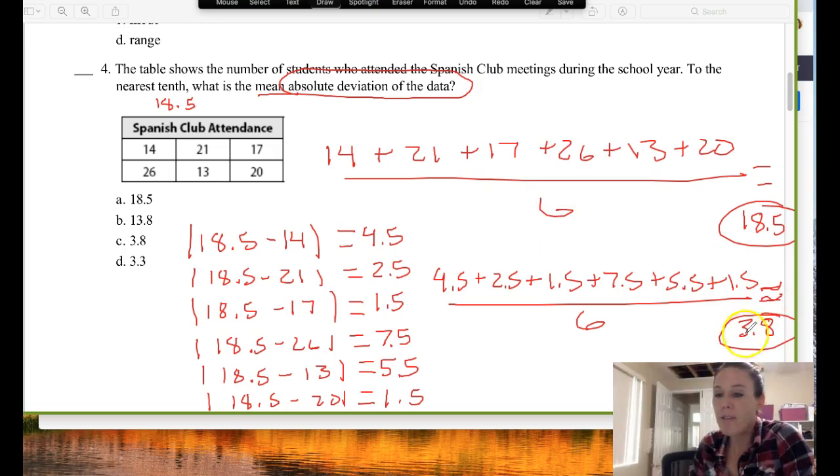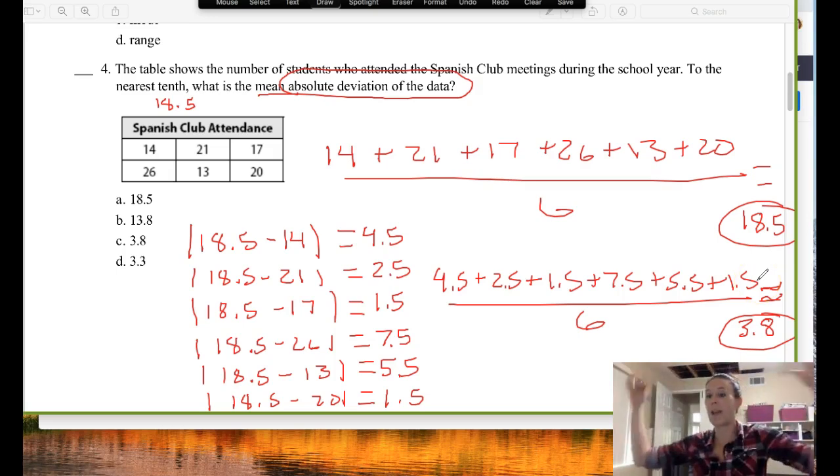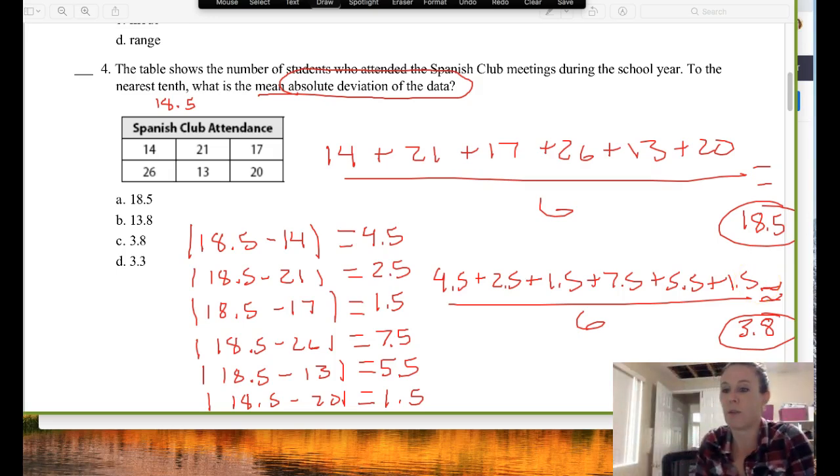So the average difference from the middle, which is 18.5, to each point is 3.8 of all of my differences. Now, if that number was huge, that would mean I would have a wider range of data. So 3.8 is pretty good. And that would be C. That's your mean absolute deviation. So once again, with mean absolute deviation, first, find the mean.